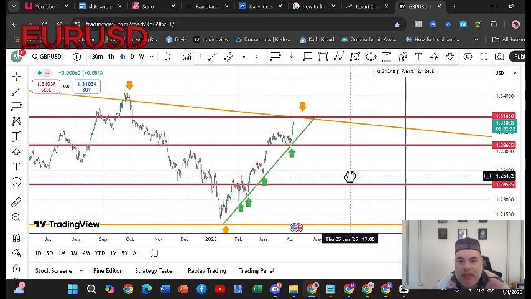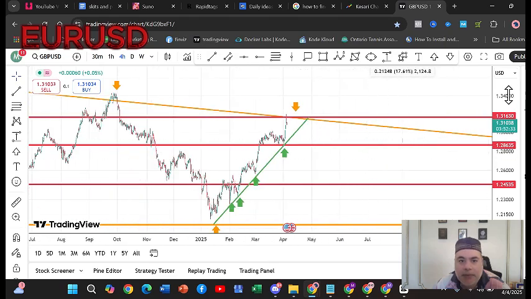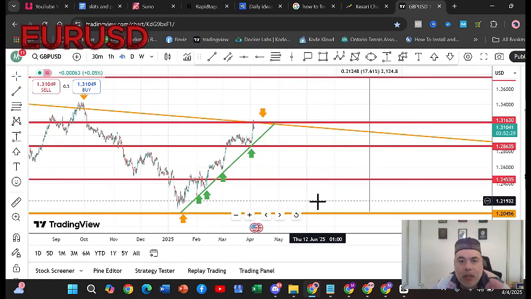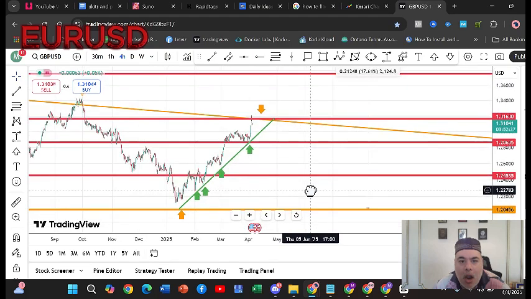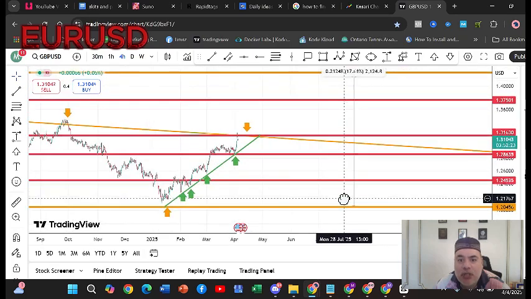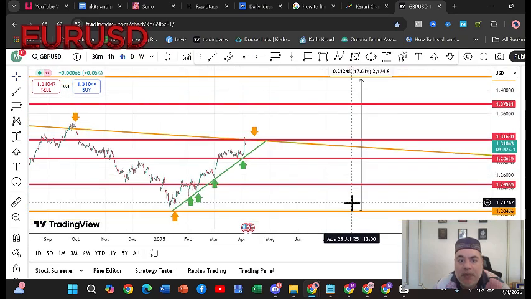Now, if you ask me, okay, jolly good, then how is this trade going to be in the 2,000 pip range?